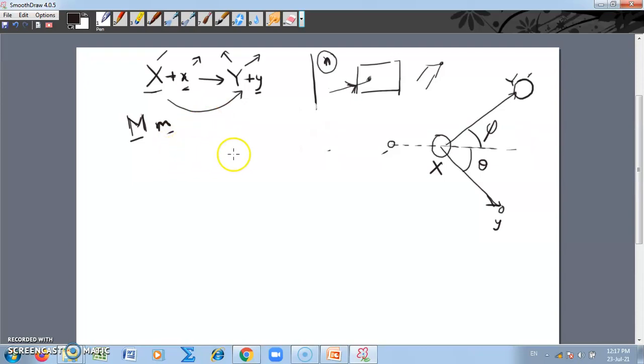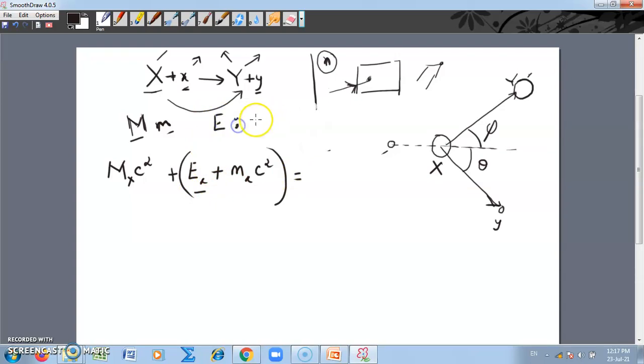Since total energy is conserved, can't we write like this: m_X c square plus E_x plus m_x c square is equal to... See students, by E we will mean the kinetic energy, and when I say mc square I will mean the rest energy.